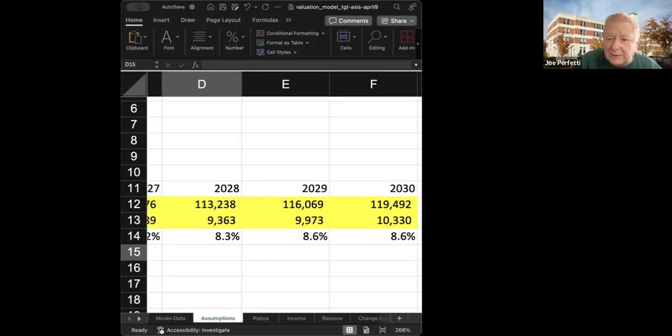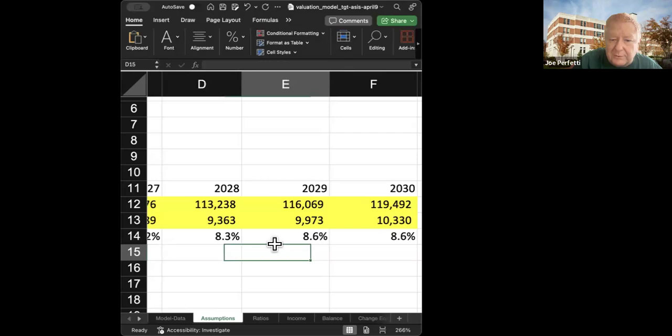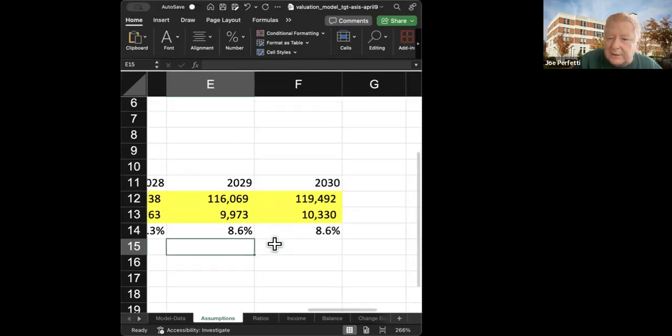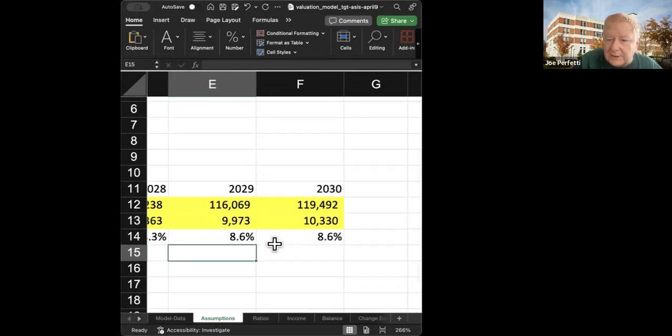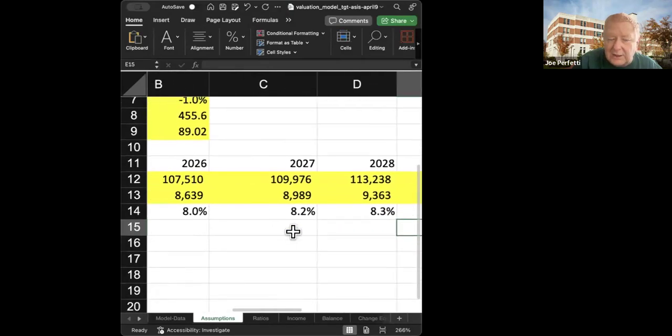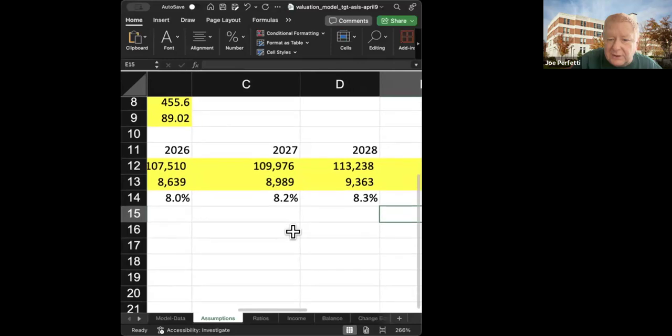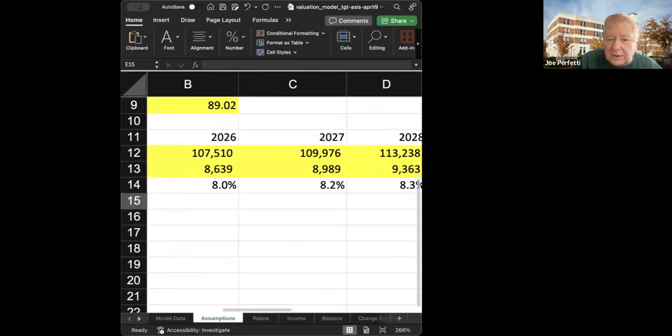And then 2030 is 119,492. All right, that didn't change. 2030 didn't change for EBITDA. 99.73 didn't change. 93.63 didn't change. Let's see if this changed. 2028 EBITDA 93.63. 2027 89.79.